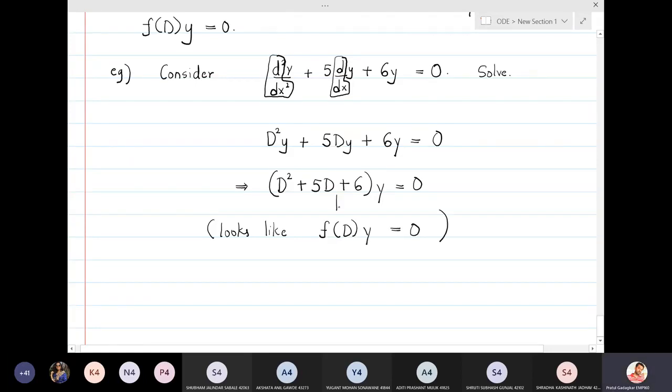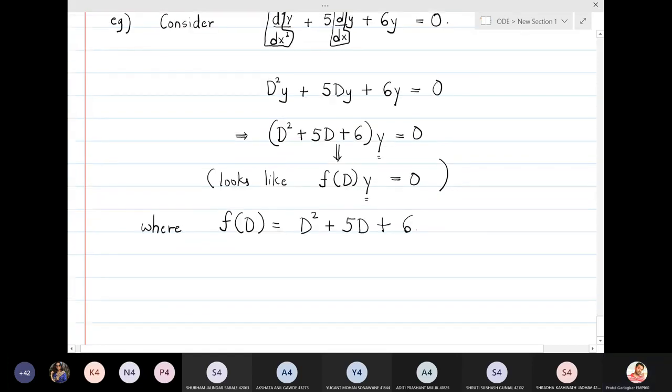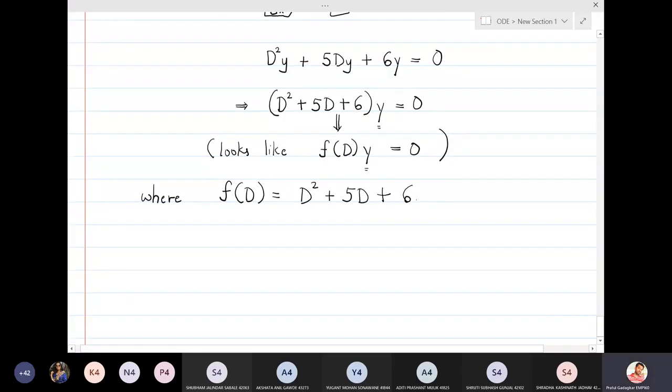This is your f(D). Who is f(D)? Where f(D) is equal to, so I'm not looking at y, omit y. So what is f(D) equal to? D square plus 5D plus 6. If f(D) is this, what is f(m) equal to? Just replace D by m.